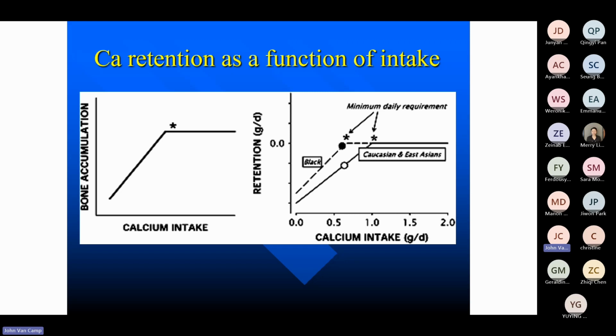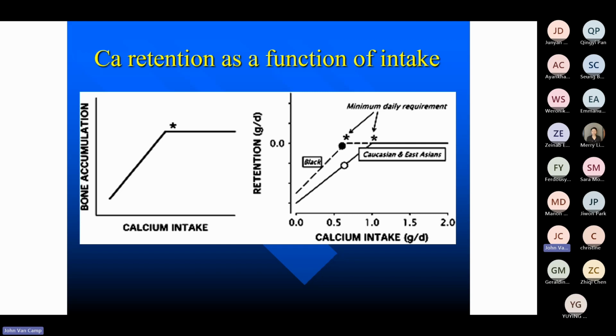So you can see that if we start with a high intake and you reduce the intake, at a certain level there is a cutoff point, a point whereby calcium is not retained in the body and you get solubilization of the skeleton. It seems that this cutoff point is more sensitive for Caucasians and East Asians compared to African women.